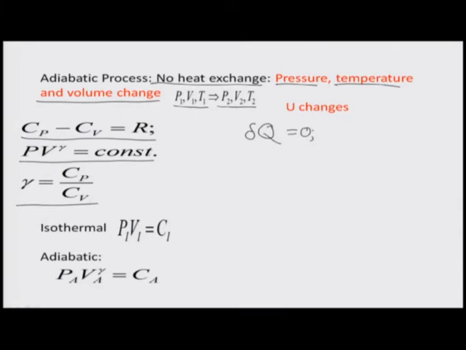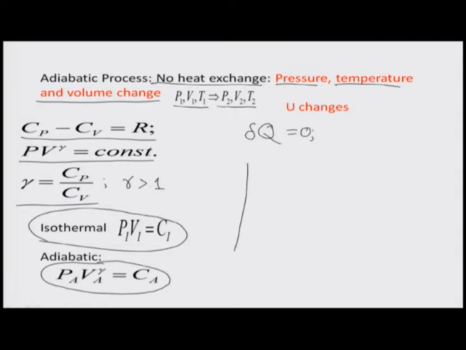So, in an isothermal process, Pi Vi is equal to Ci. For an adiabatic process, Pa Va to the power gamma is equal to Ca. Please remember, gamma is always greater than 1. Okay? Cp always exceeds Cv thanks to this relationship. So, now I can draw things in a PV diagram. I give you two curves.